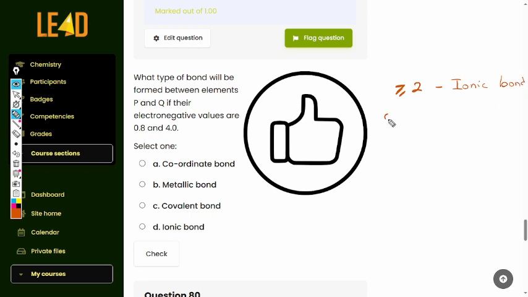If you have a difference between 0.5 and 1.9, you're going to have a polar covalent bond. Then if you have less than 0.5, what you have is a pure covalent bond or non-polar.